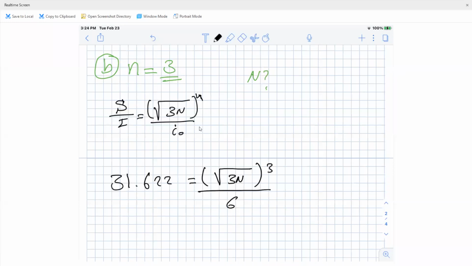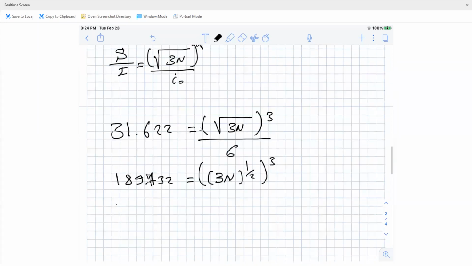Okay. Now we can simplify the equation. It will be 31.622 multiplied by 6, 189.732 equals, look please, 3n raised to power 1 over 2 to power 3.